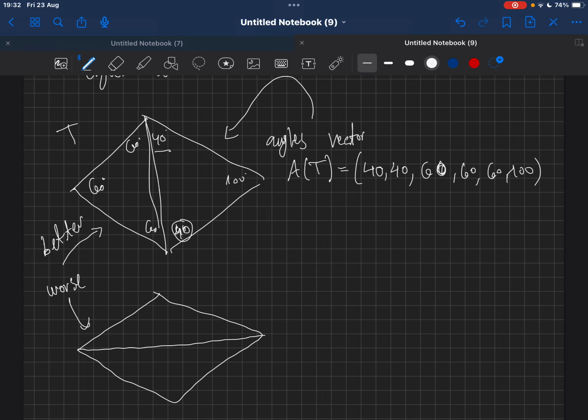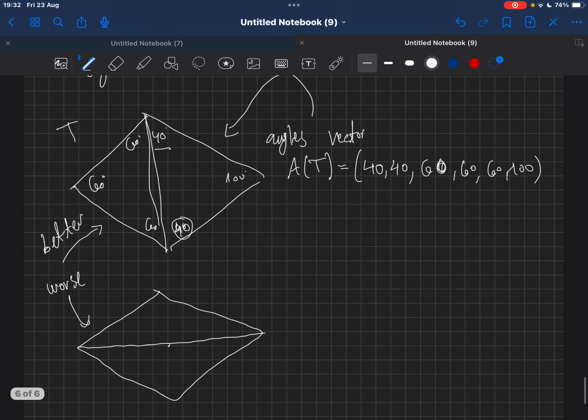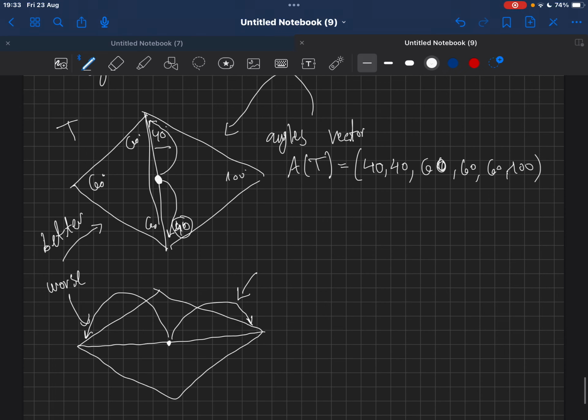The very obvious explanation is, if you're looking at this point, it is obvious that this point is more likely to be closer to this one and that one, compared to this one and that one, which are farther away. But if I use this triangulation, I will consider this point in relation to farther away points, which are less likely to be the true points which connect them.